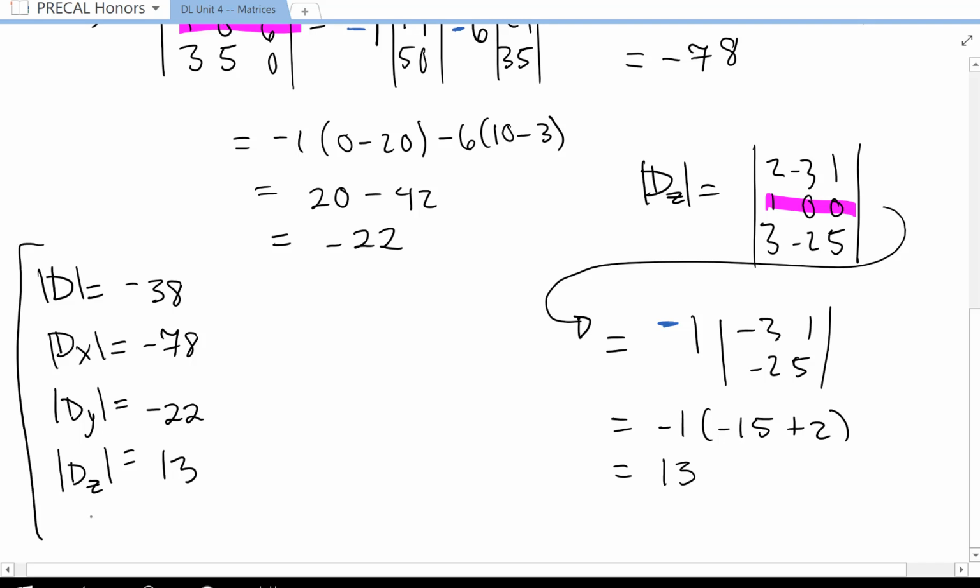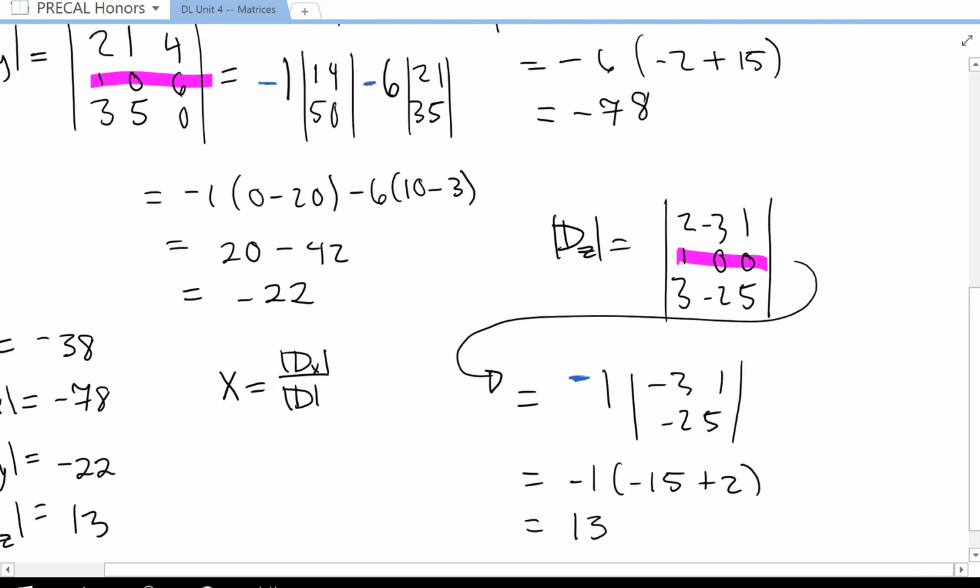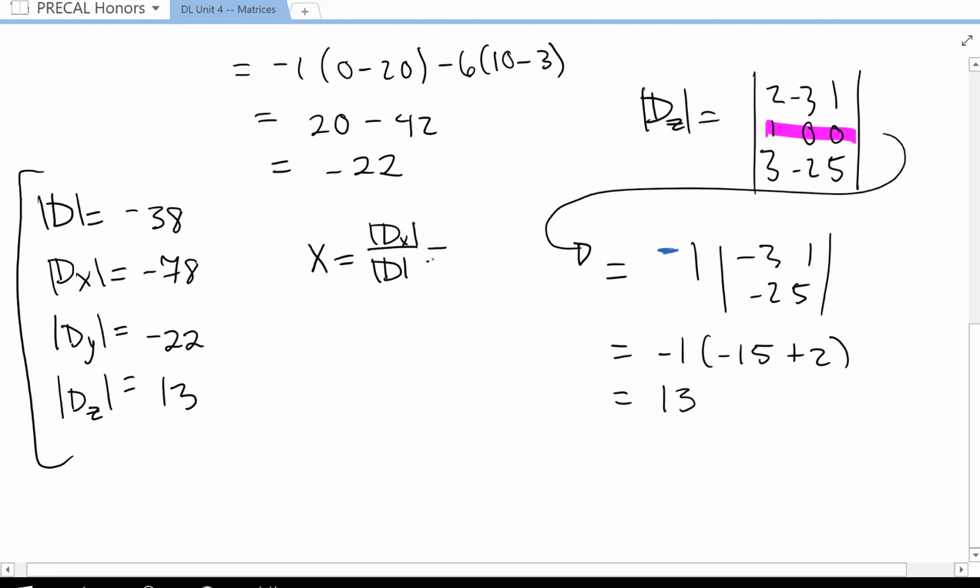Okay, so I have summarized our findings, and so the x variable is equal to the determinant of the x matrix over the determinant of the coefficient matrix, which is equal to negative 78 over negative 38 equals 39 over 19.